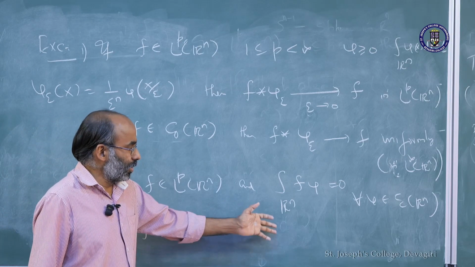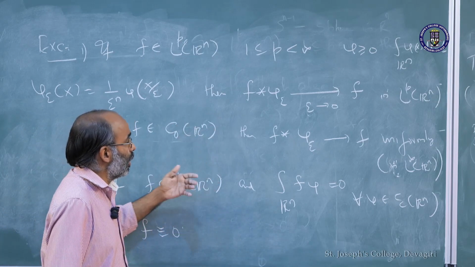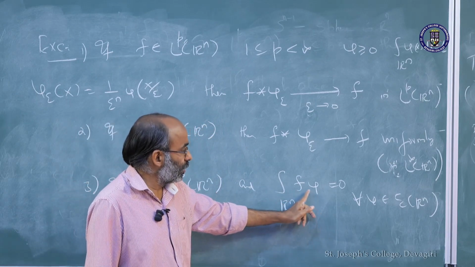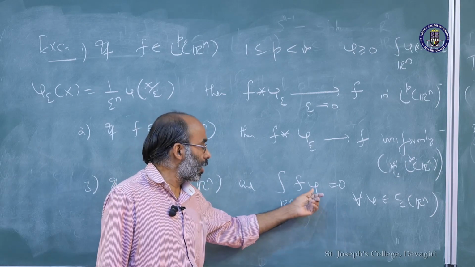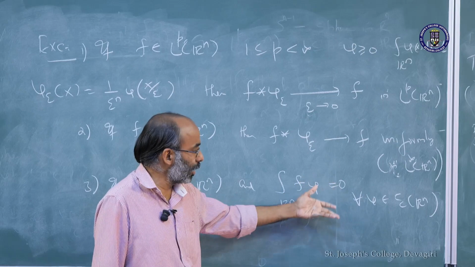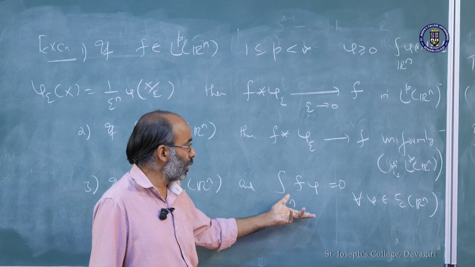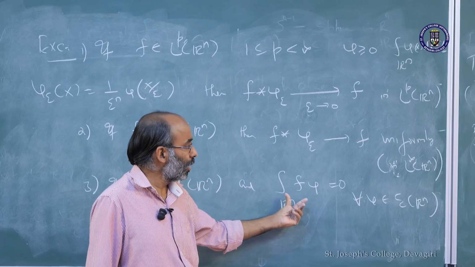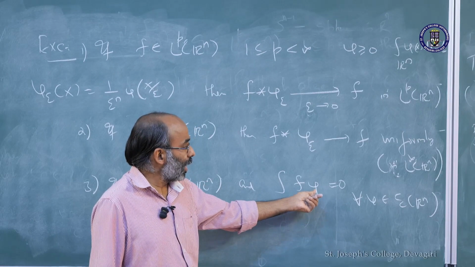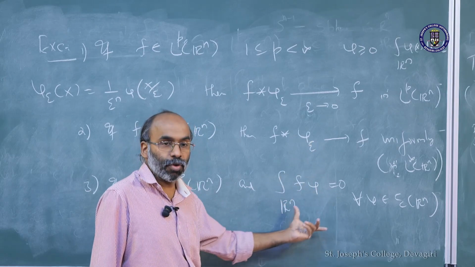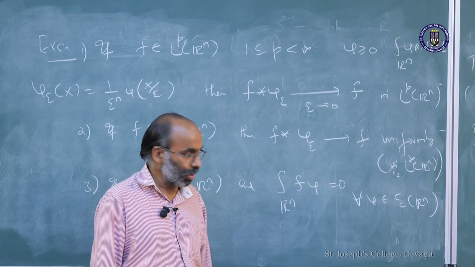This just follows immediately from whatever you have done here, because if it is 0 for all phi, you can take one phi from that approximate identity, dilate it, translate it, it will all be 0, because phi will still be a compactly supported continuous function, and when you translate and dilate phi, you are going to get phi_epsilons, and this will become f convolved with phi_epsilon.